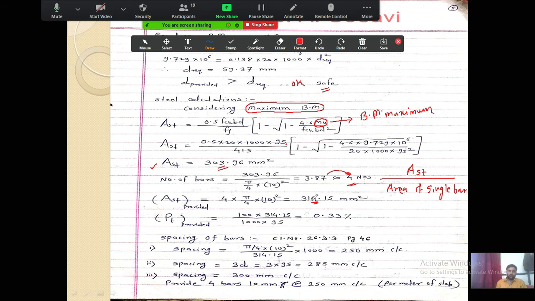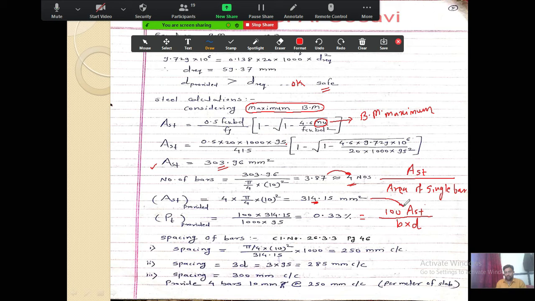Now from the Ast provided, we can calculate the percentage of steel provided. The formula is 100 into Ast divided by BD. Here the 100 is a constant, and for Ast you have to give the Ast provided, that is, the bars you are going to provide.